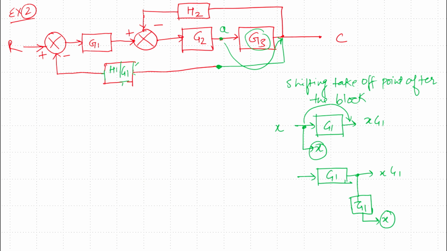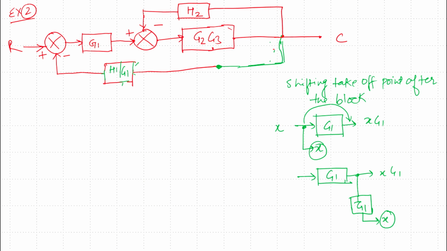So let me erase this, and I can represent it with the single block G2, G3, because both the blocks are in series.